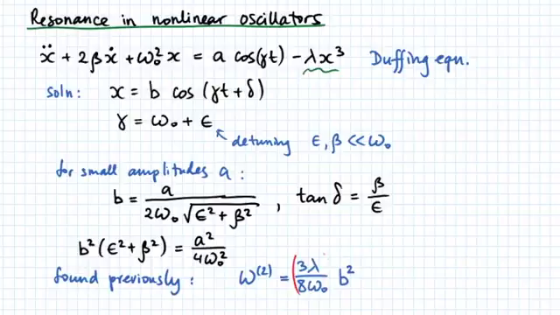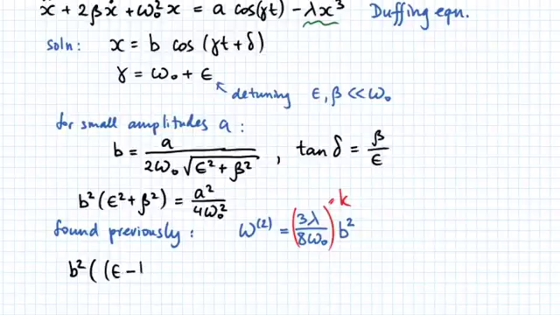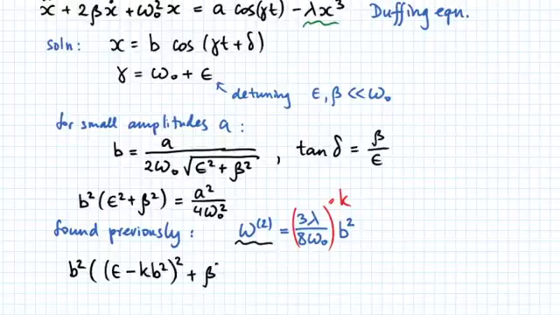We can call this coefficient in front of B squared K, and that allows us to modify the equation above and write it as B squared times epsilon, changed to epsilon minus the shift K B squared, that shift that we just wrote, and we square that, plus beta squared, and the right-hand side remains the same, A squared divided by 4 omega naught squared.